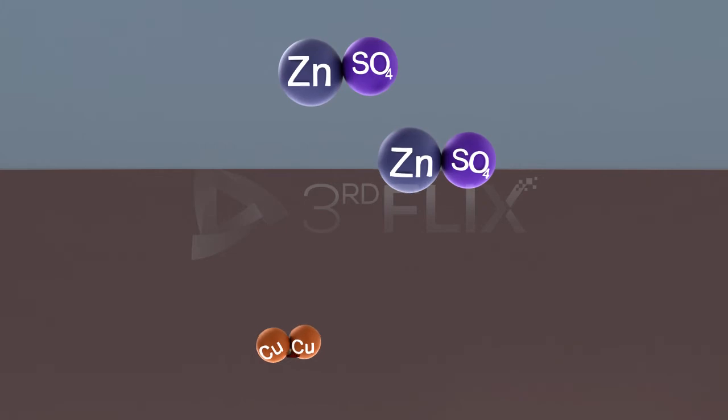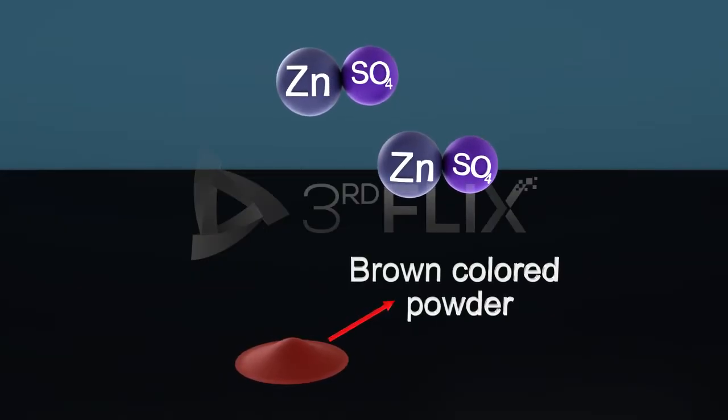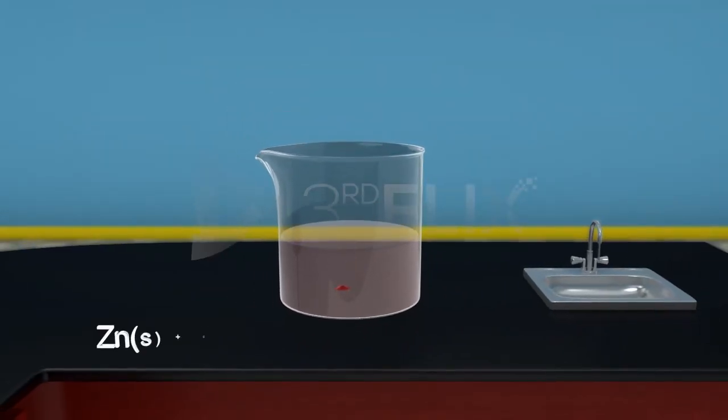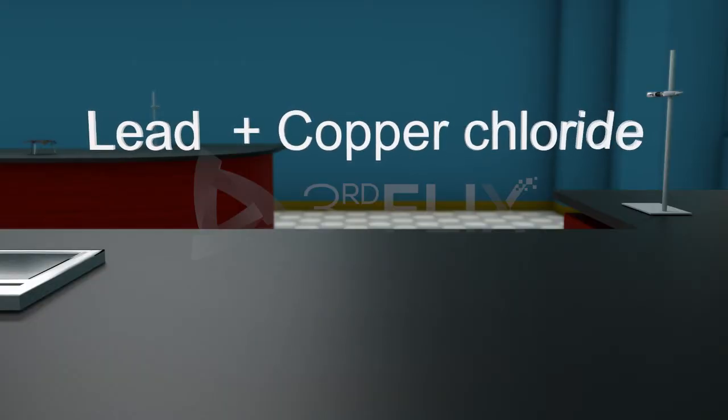Copper will be precipitated as brown-colored powder. Zn(s) + CuSO4(aq) gives Cu(s) + ZnSO4(aq).